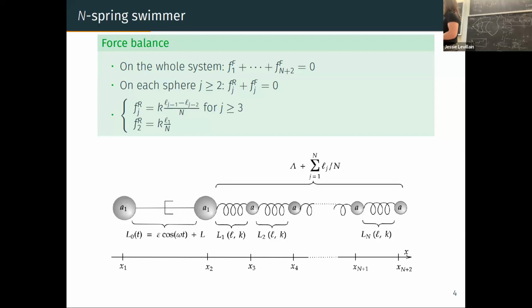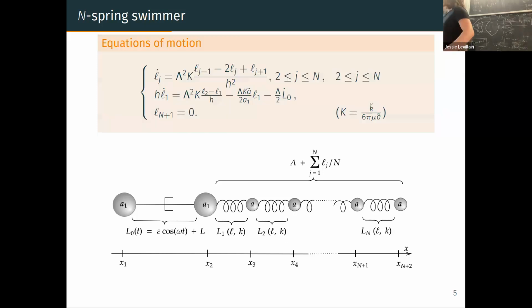We also know the elastic forces because we can compute them: on each sphere, you have the elastic force from the spring on the right and the one from the spring on the left. From all of this, we can deduce the fluid forces on each sphere, which, using the expressions from the previous slides, enables us to find the whole equations of motion for each spring.